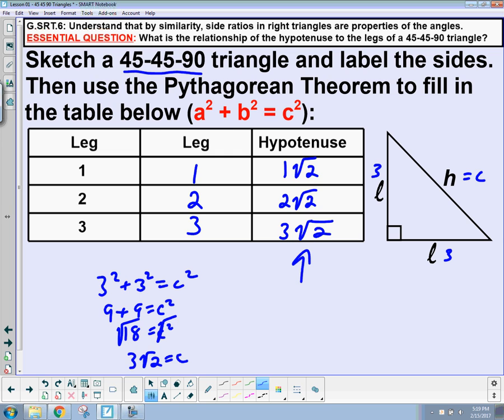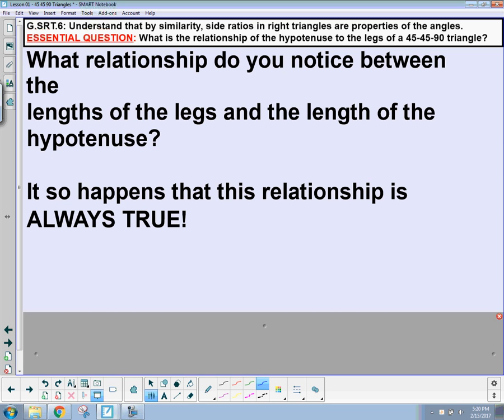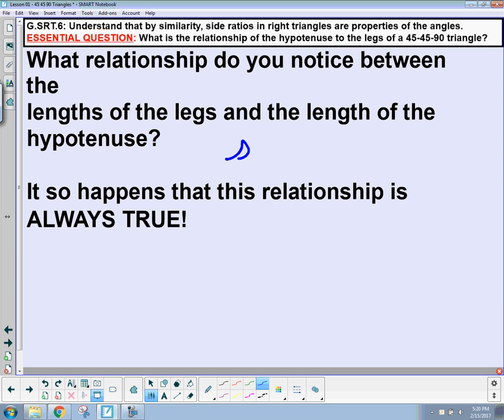So, what relationship do you notice between the lengths of the legs and the length of the hypotenuse? We're just tagging on that root 2. It so happens that this relationship is always true.